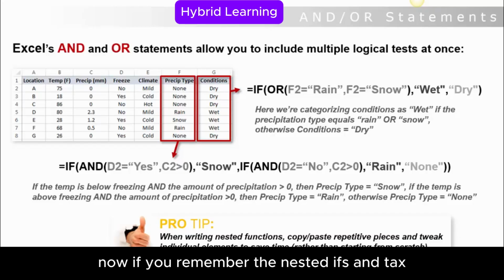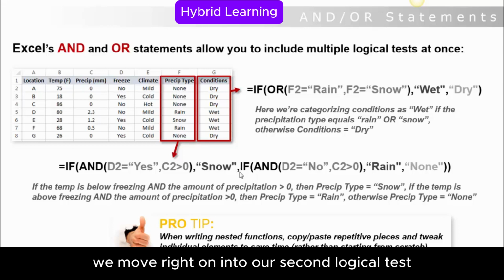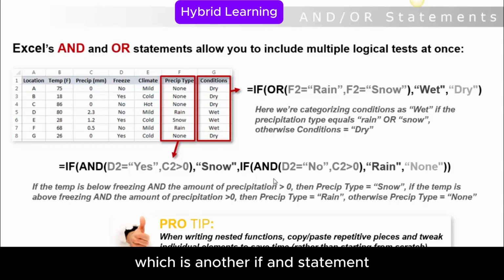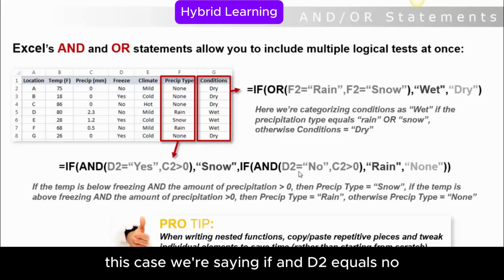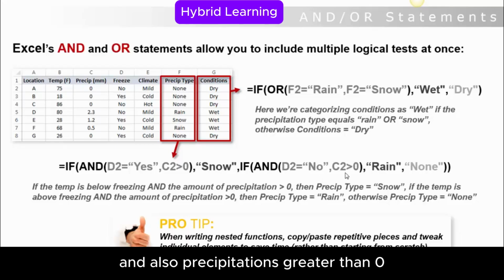Now, if you remember the nested if syntax, instead of the value of false, we move right on into our second logical test, which is another if-and statement. In this case, we're saying if and D2 equals no, so it's not freezing, temperature's above 32 degrees, and also precipitation's greater than 0, then precipitation type equals rain.